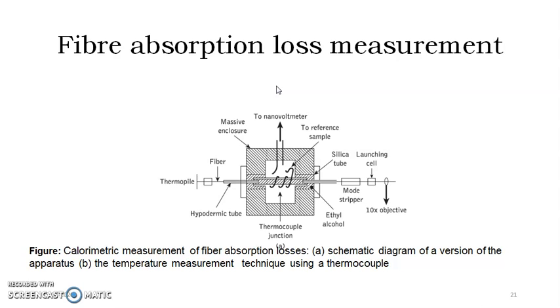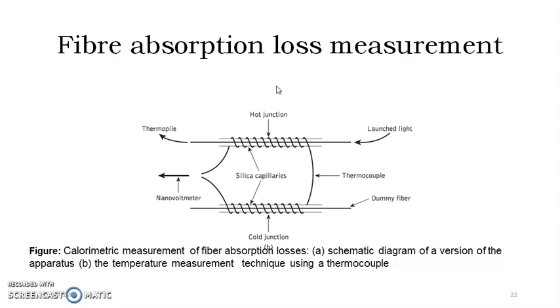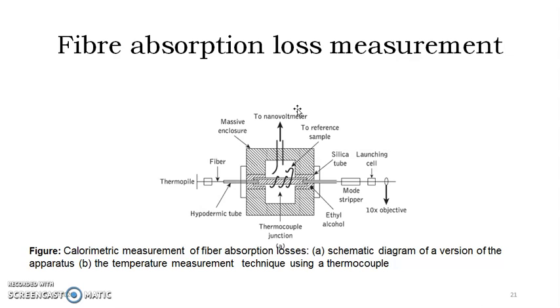Now this fiber is mounted in a particular tube, and if you see in this figure, it is in a capillary tube that is surrounded by a low refractive index liquid for a good thermal contact. Within the same enclosure we can have this tube here.